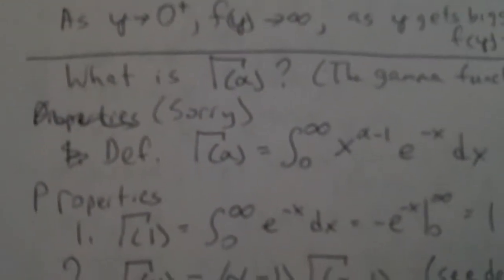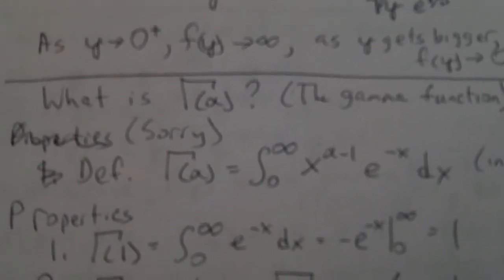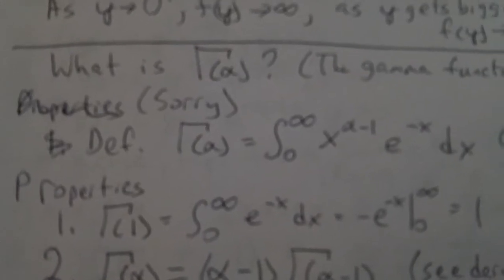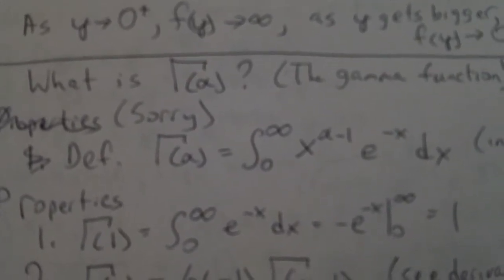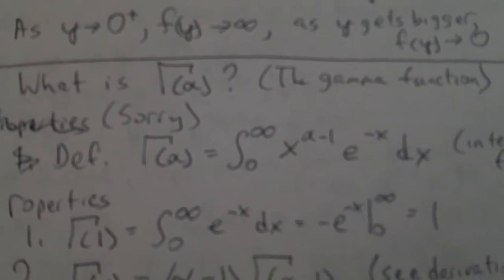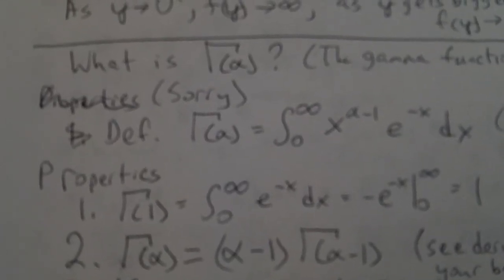Okay, now for some of you, depending upon what you've had, you may have seen something called the gamma function, which looks like a capital gamma of alpha right there. It does come up in some other classes, but we're going to give you a little introduction here. Sorry for the scribbles and mistakes in writing this up.